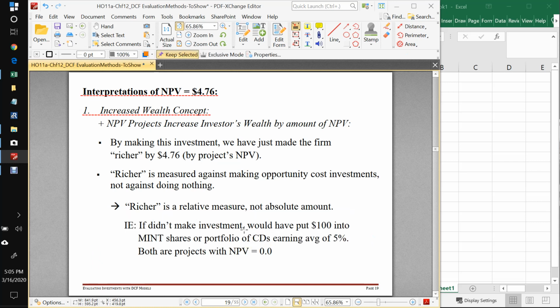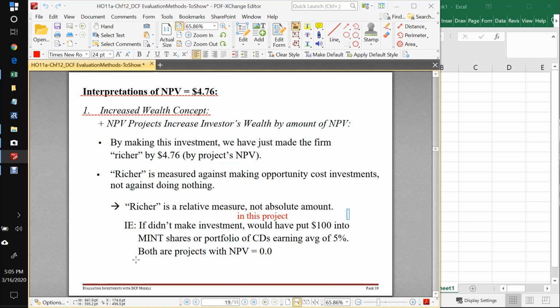And another way to think about it, again, is if we didn't make the investment in this project, what would we have done? We would have put our $100 into shares of Mint or our portfolio of CDs, which we know would have earned us an average of 5%.